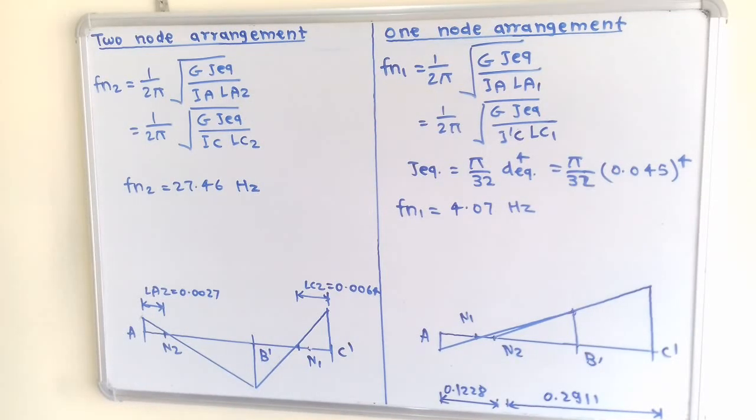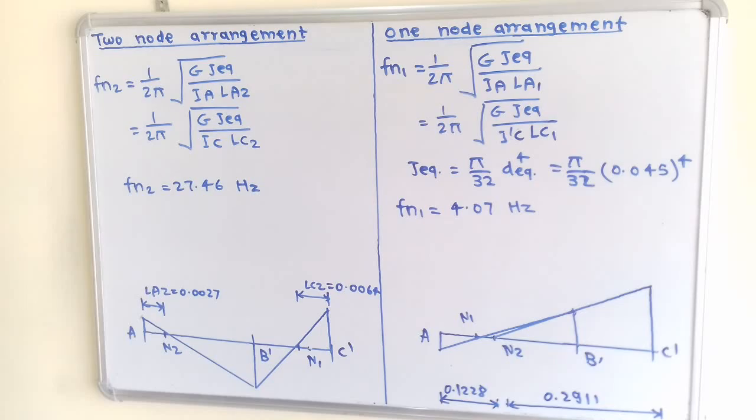Now we will calculate the natural frequency for the one node arrangement. So the formula is Fn1 equal to 1 by 2 pi under root of G J equivalent divided by I_A L_A1. Or we can also write the formula 1 by 2 pi under root of G J equivalent divided by I dash C L_C1. Now here G is the modulus of rigidity which is mentioned in the question.